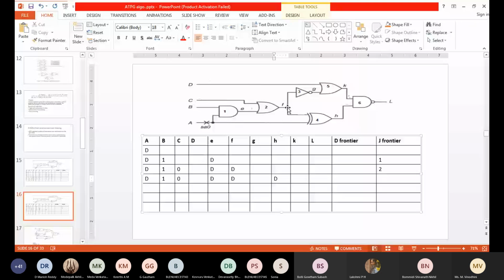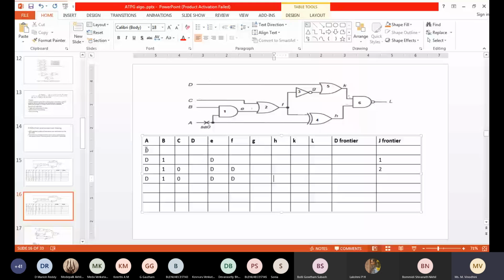F is D, A is D. Propagation is possible, students? No, ma'am. A is D, F is D. So H will be 0, right? 0, ma'am. So we cannot propagate. It's not possible. Others, please tell me. Am I right? Yes, ma'am, it's not possible. We cannot propagate. So this is ruled out.